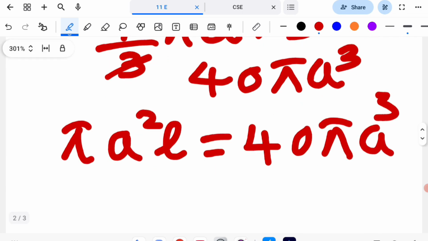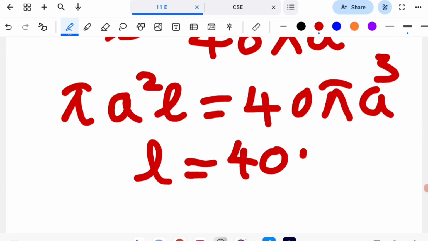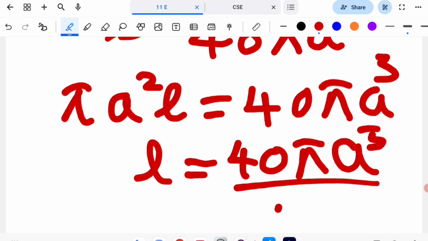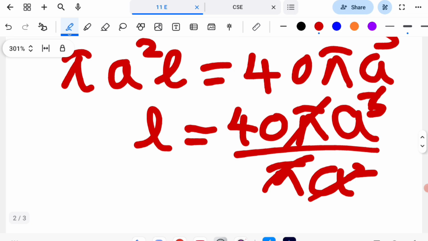Then we have to find L value. L is 40 pi a cube divided by pi a squared. We can cancel out one pi term and a squared.